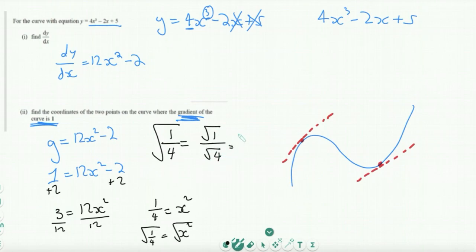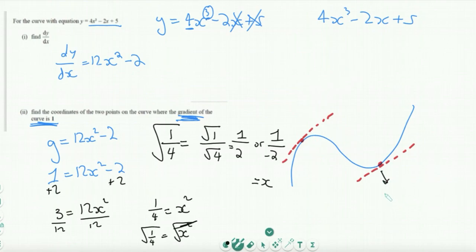The square root of 1 is 1. The square root of 4 is 2, or it'll be negative 2. So our answers are 1 over 2 or 1 over negative 2. And square and square root cancel out. So those values are equal to x. So those are the x coordinates of these 2 points.